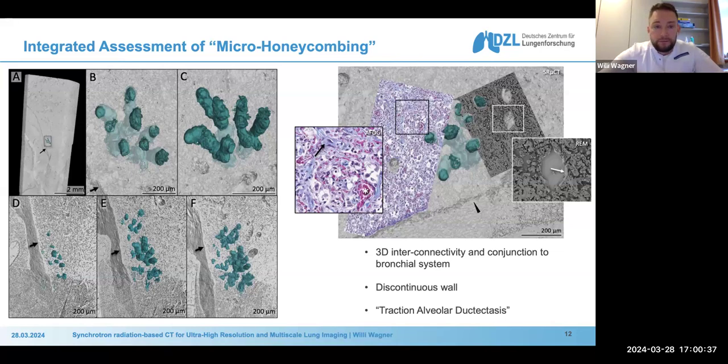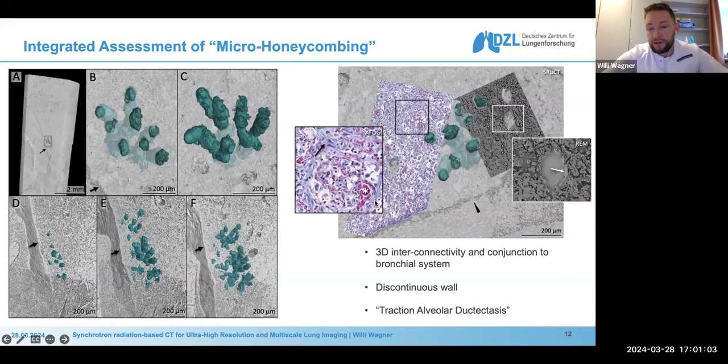By using the three-dimensional information, we could show that mouse models actually do not exhibit honeycombing by means of a closed cyst, but rather the dilatation of alveolar ducts.